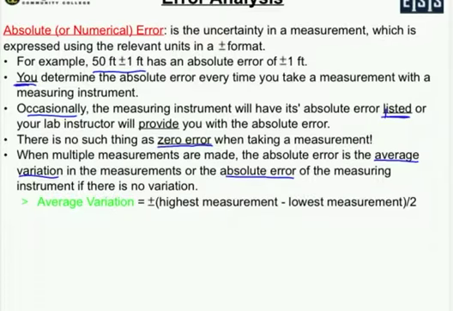But normally you would have more than one measurement or variation. You would get different numbers as you repeated the experiment. What you would do is calculate the average variation, which is taking your highest measurement minus your lowest and then dividing it by 2. And that would be your absolute error for those 4 or 5, however many measurements you took.